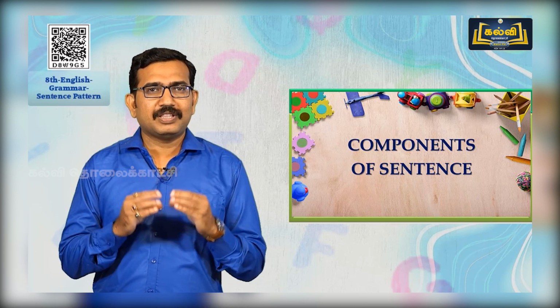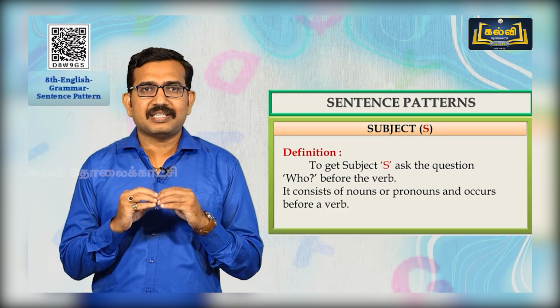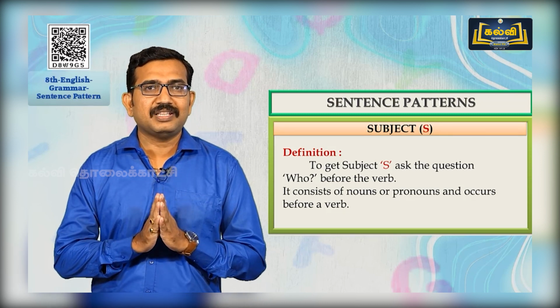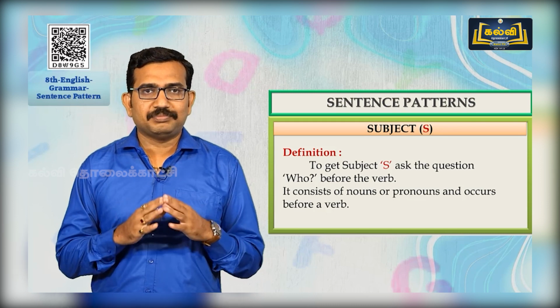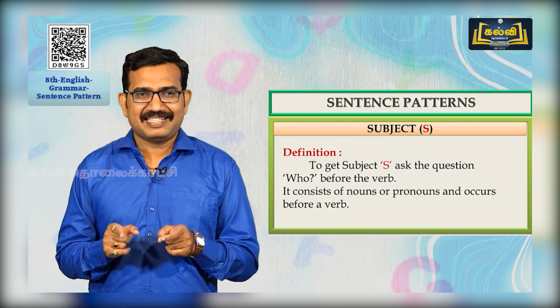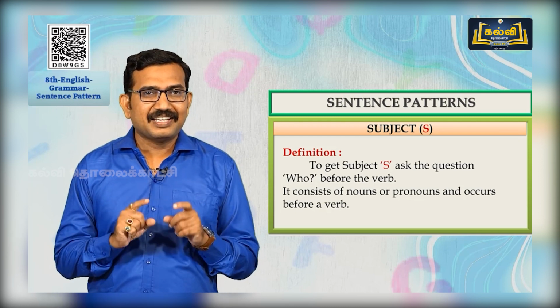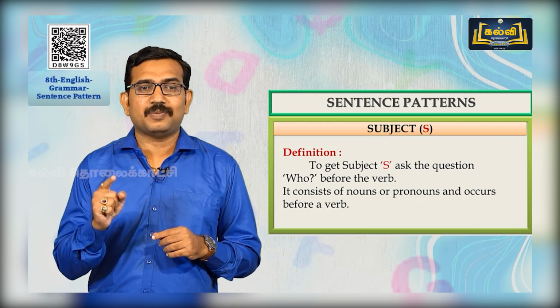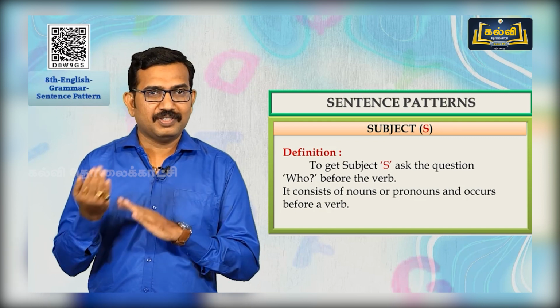First, let us check the basic thing, the subject, which always comes in a sentence. Most of the time a sentence starts with a subject, the abbreviation we learned, S. Let us check the definition for subject. To get the subject, ask the question who before the verb.